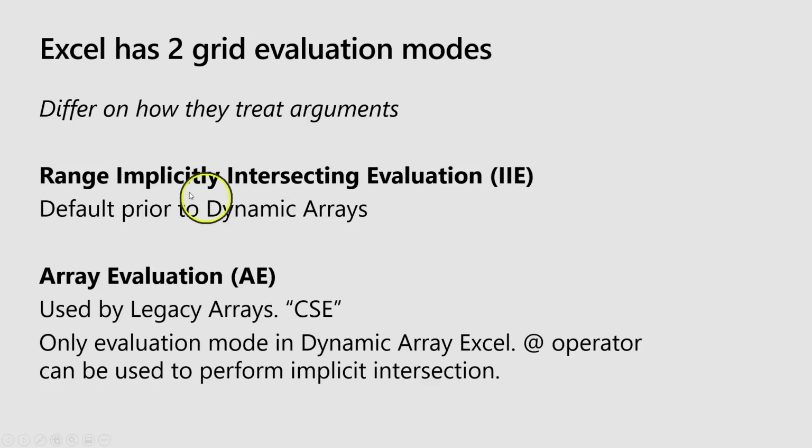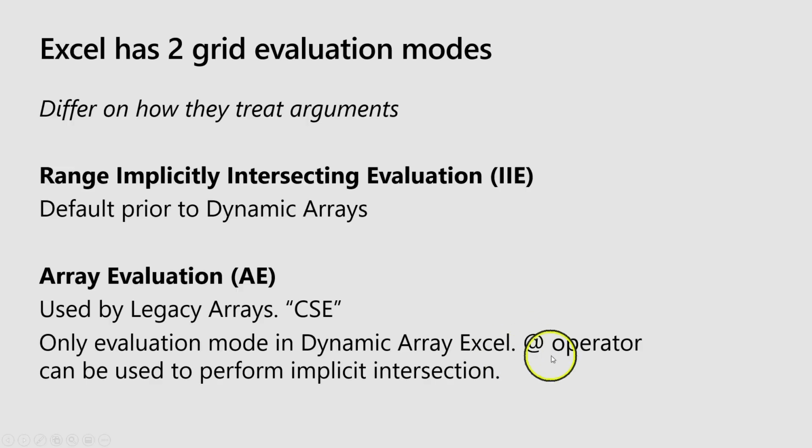We'll explain what this implicitly intersecting is in a second. And then we have array evaluation. This is used by legacy CSE arrays, and it's also used by dynamic arrays. And this will be the only evaluation mode in future Excel.